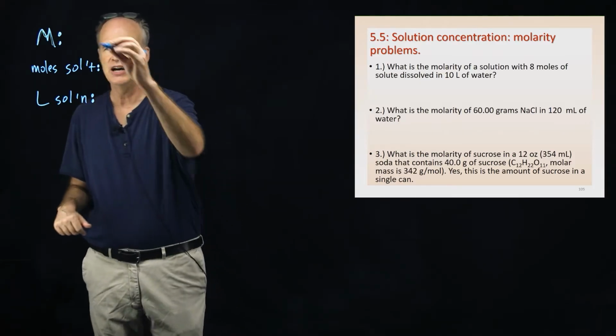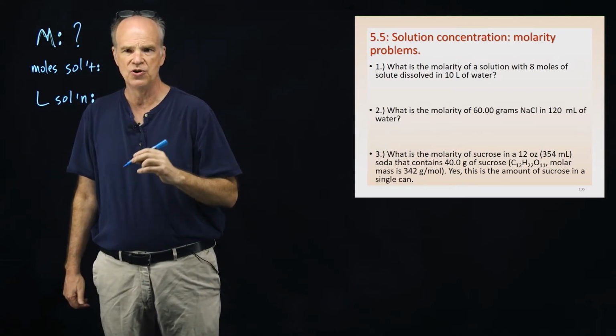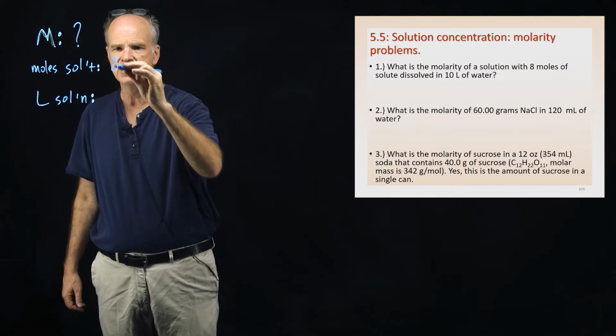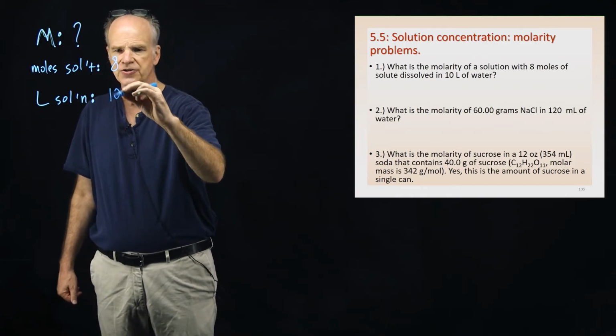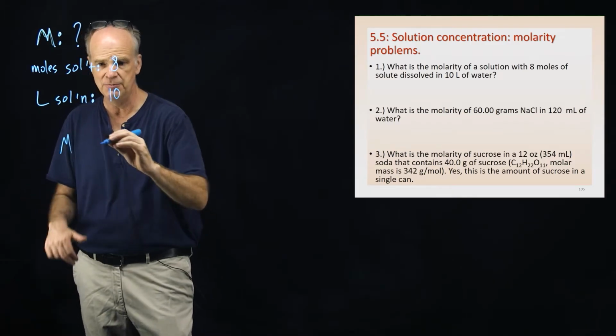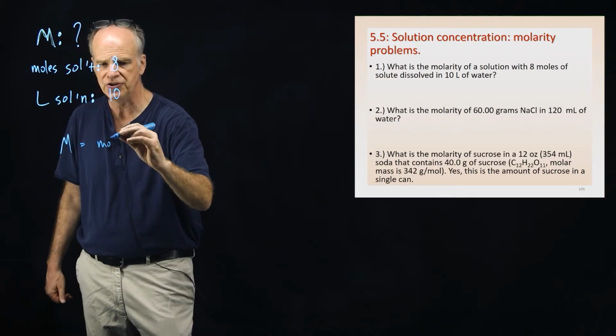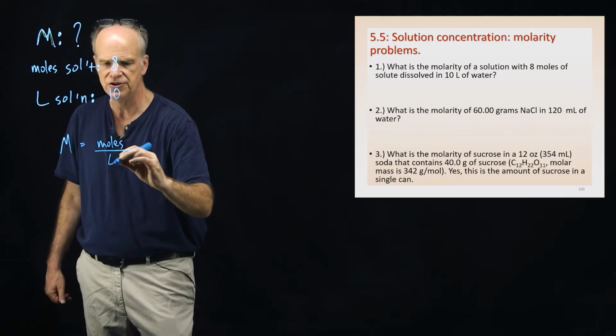Okay, so we're trying to find molarity, so I'm going to put a question mark there. We have 8 moles of solute, so I'm putting an 8 there, and we have 10 liters of solution. So we note that molarity, which is symbolized by the capital M, is equal to the moles of solute over the liters of solution.